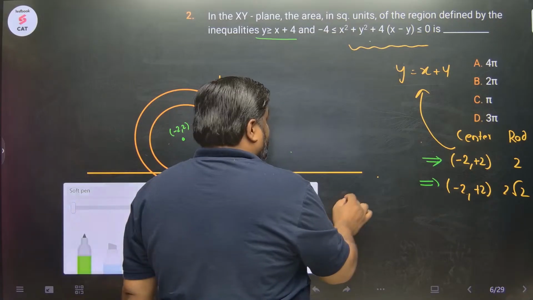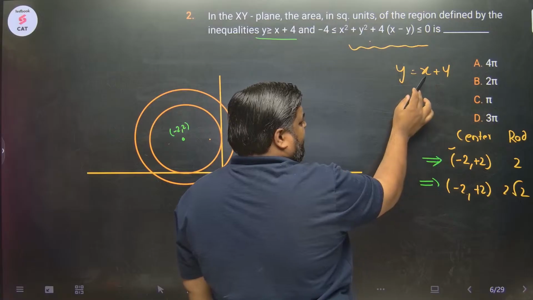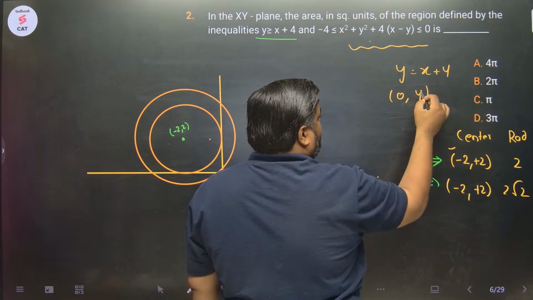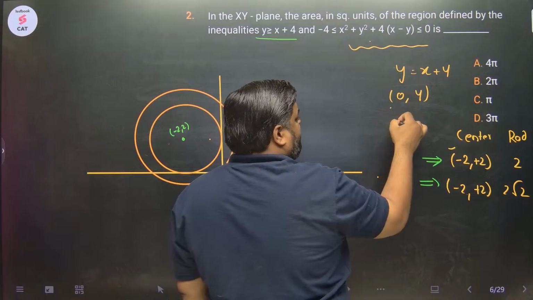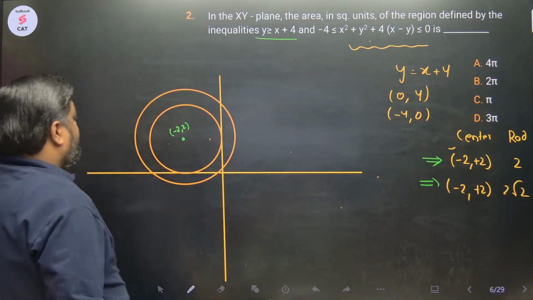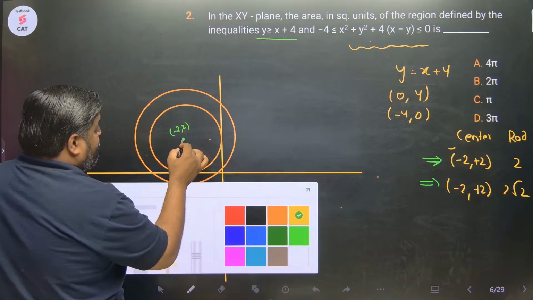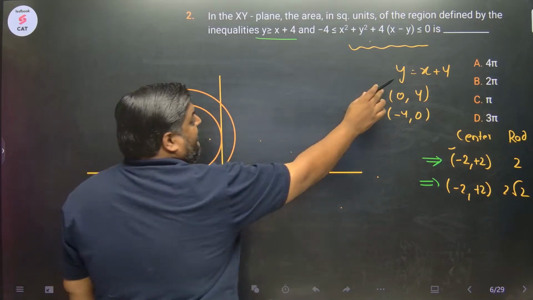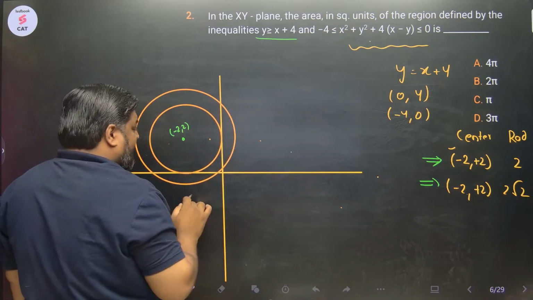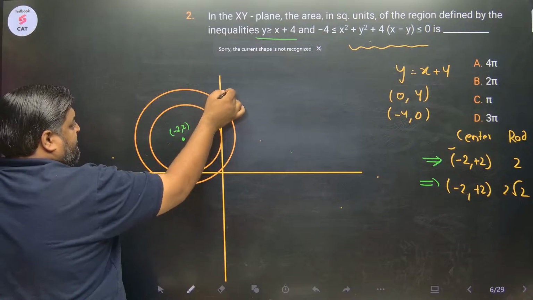This is a straight line whose intercepts are: put x as 0, y is 4, so (0, 4); put y as 0, x is -4, so (-4, 0). So this line is something like this and passes through the center, guys, because -2 satisfies the line.